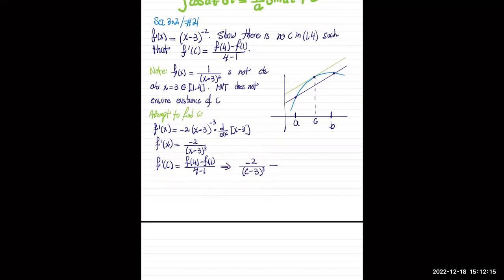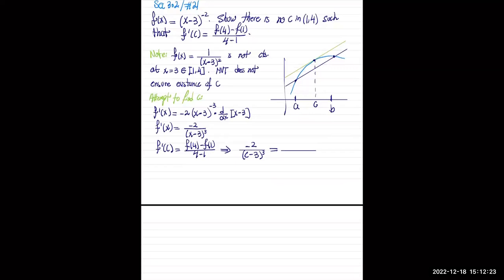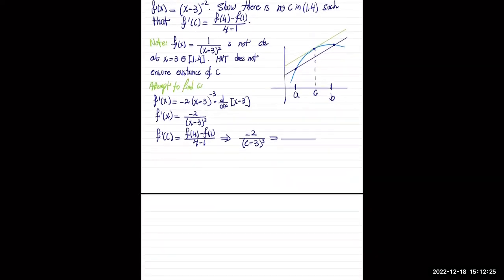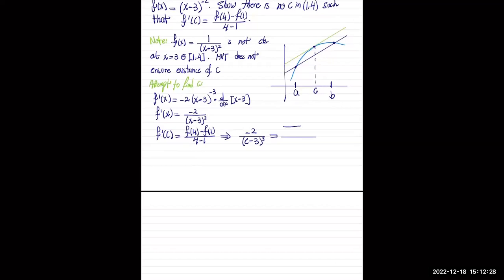And we want to know if this is equal to f of 4 minus f of 1 over 4 minus 1. f of 4 is you plugging 4 into your function, which is 1 over (4 minus 3) squared, minus f of 1, plug 1 in, divided by 4 minus 1, which is just 3.